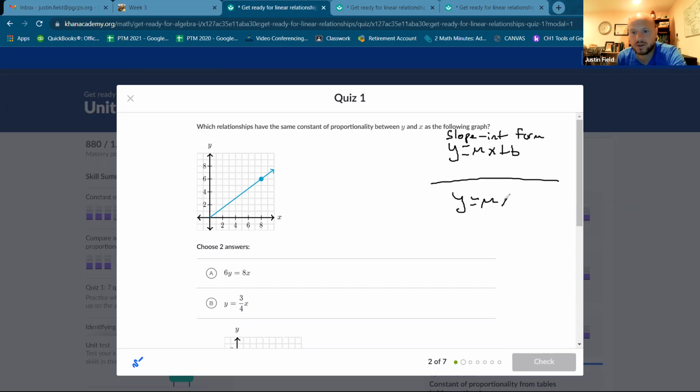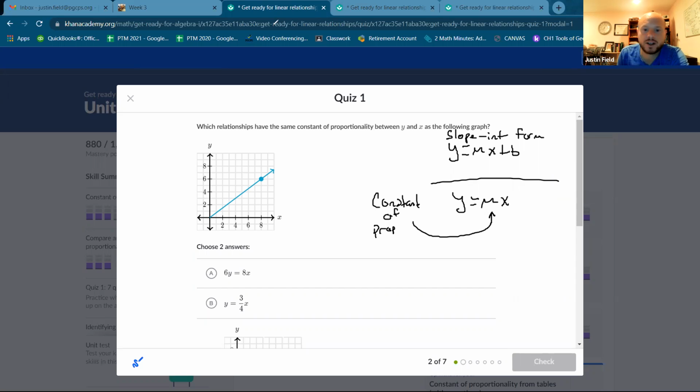It's just y equals mx. This is the constant of proportionality. The slope has a special name, the constant of proportionality, because there's no y-intercept, and so the ratios will be the same.